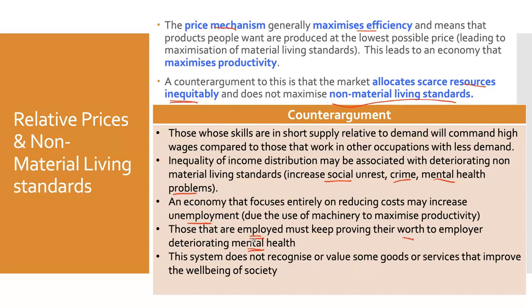So it's recognizing that this does potentially maximize how many goods and services people can buy, but there are some issues around inequality and whether the capitalist perfect market price mechanism concept actually maximizes your non-material happiness.